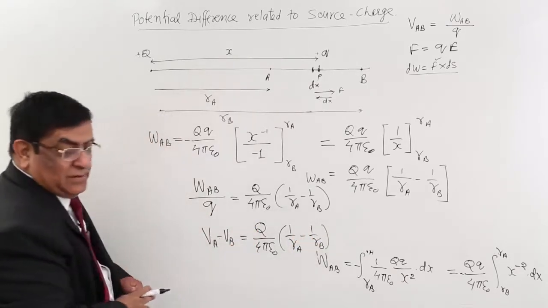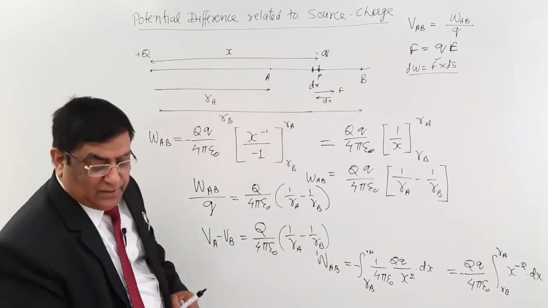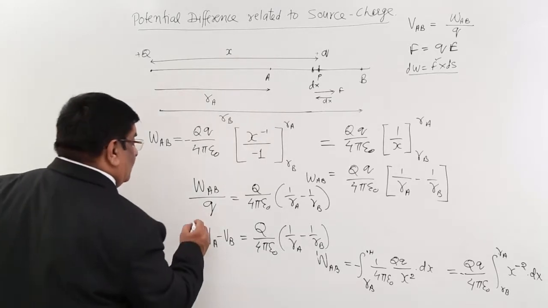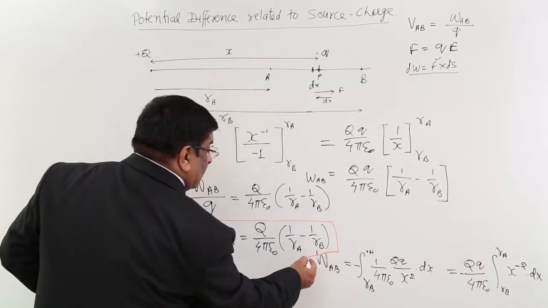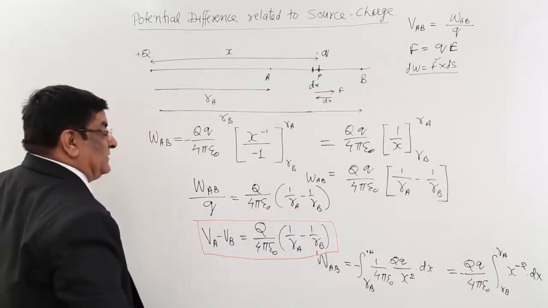This is our final formula for potential difference between 2 points. And what is the specification of these 2 points?